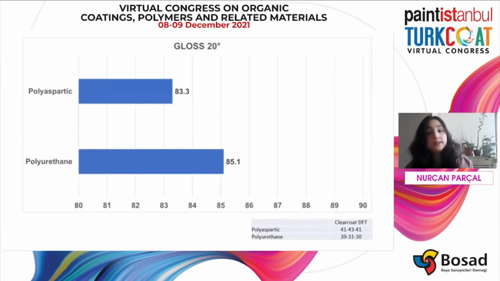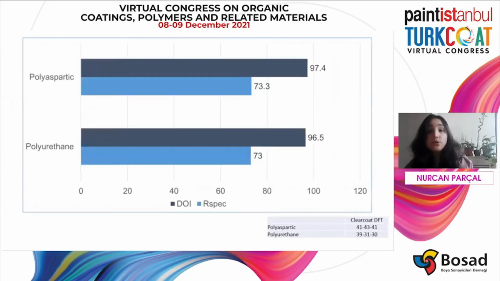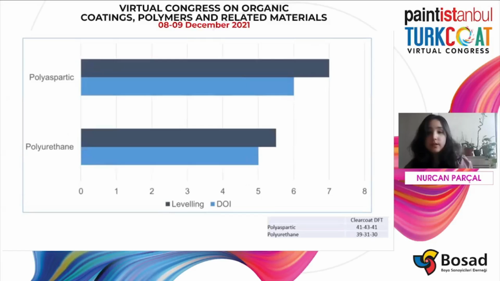Both polyaspartic and polyurethane give similar gloss values. Also, both of them give similar high R-spec and DOI values. Leveling property is higher for polyaspartic coatings.